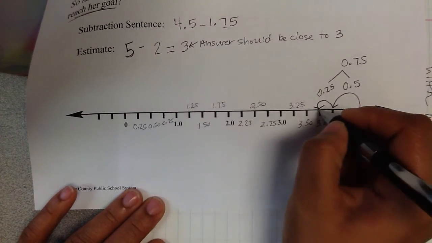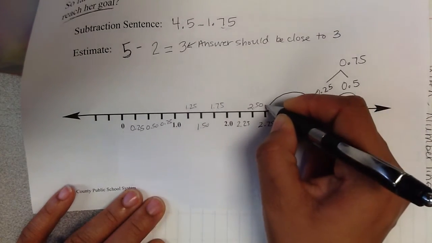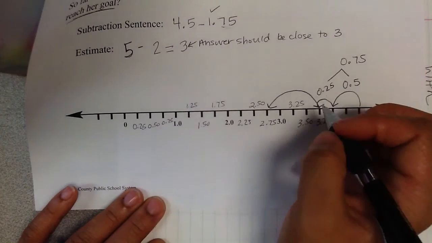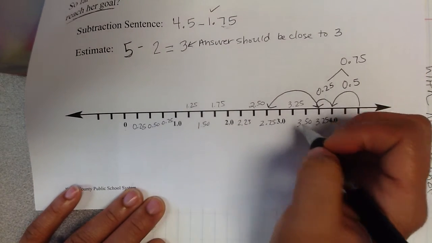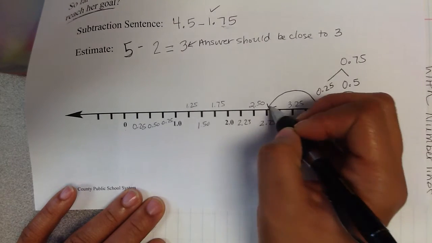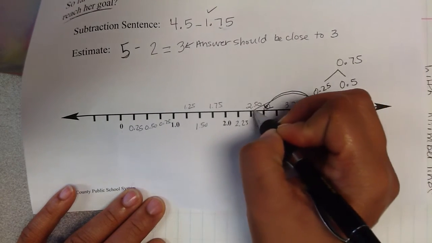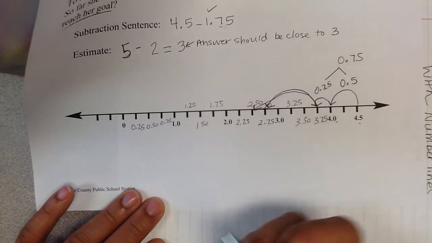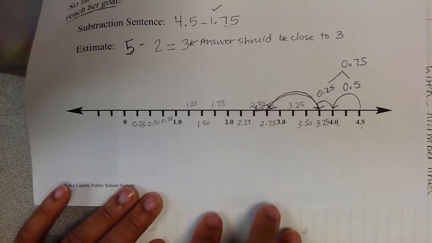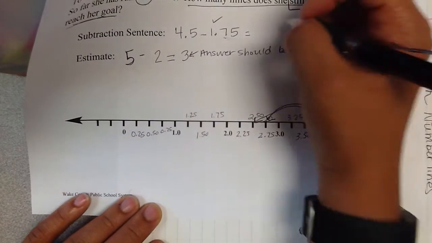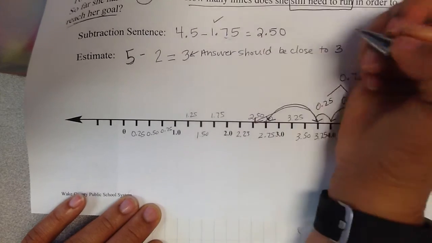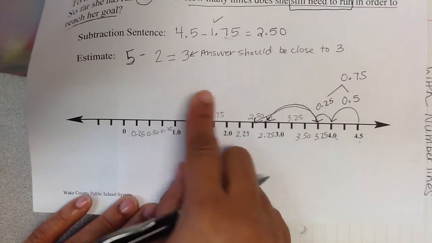So if I go back another 1 whole, that takes care of the 1 whole that I needed to take away. Excuse me, I'm sorry guys, if I go back to 2 and 50 hundredths, that means I've taken away the extra amount that I needed to take away, and my difference ends up being 2 and 50 hundredths, or 2 and 5/10, which is pretty close to 3.